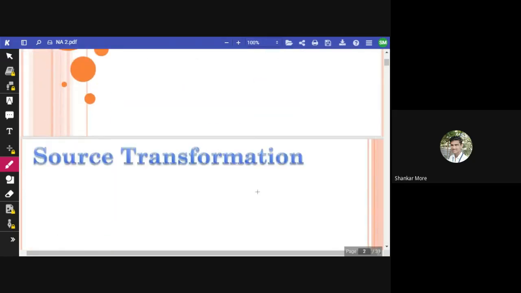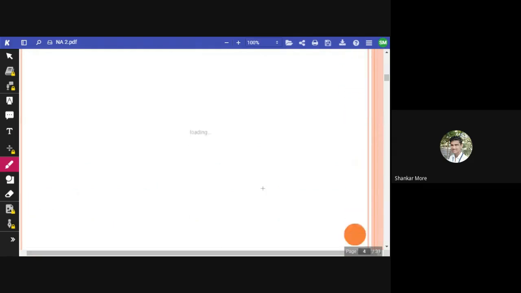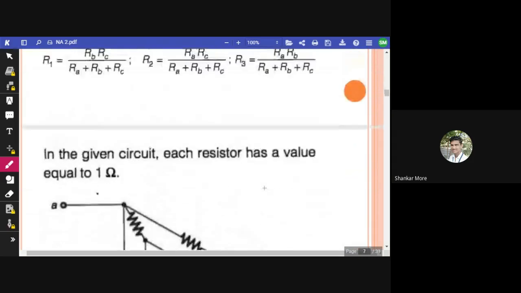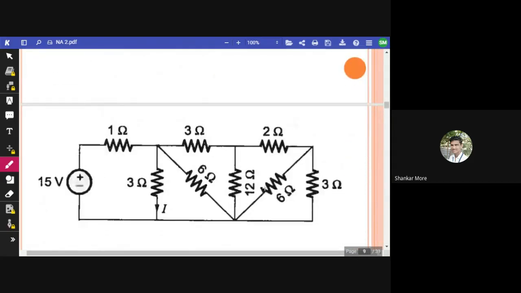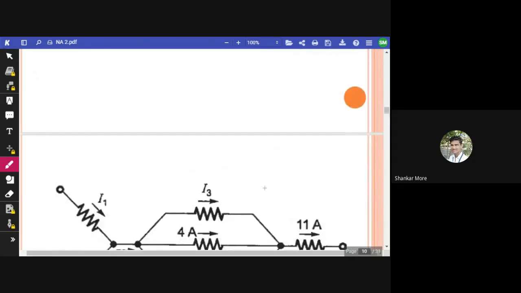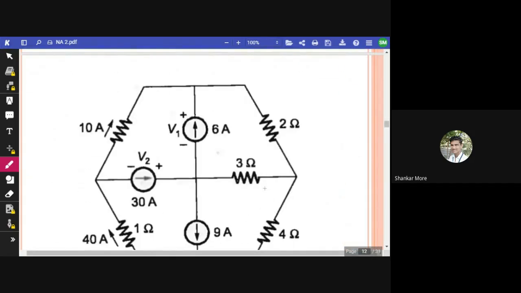So in the last class, we have seen source transformation, sources in parallel and series. After that, we have seen Y delta transformation, isn't it? And then we have solved some examples in which we have to find out the voltage across an element or the current through a branch. These are the examples we have already seen, and this was the homework I had given you. Did you solve this?